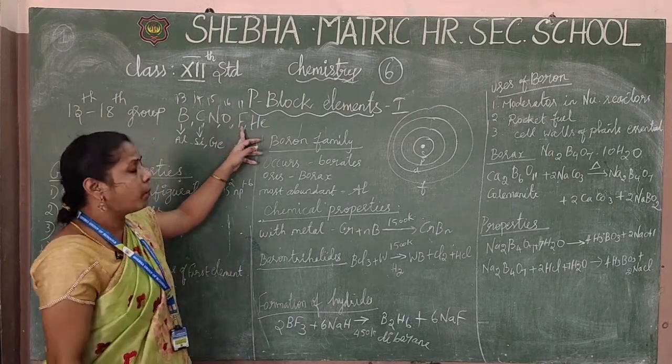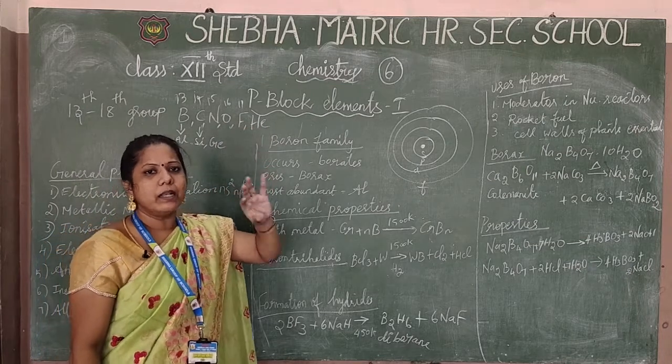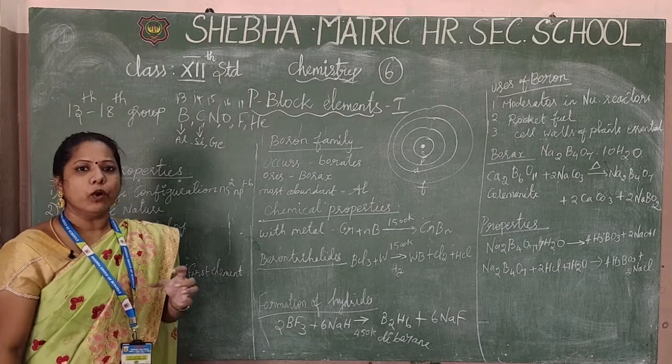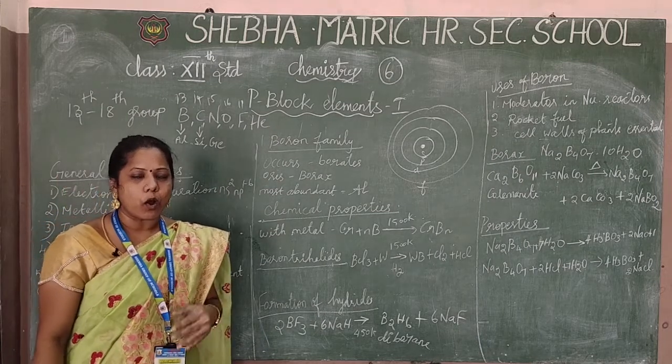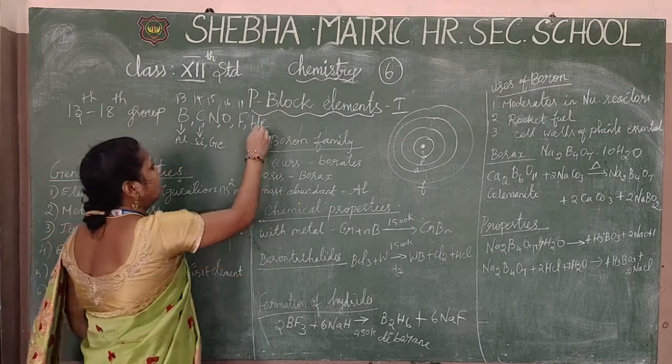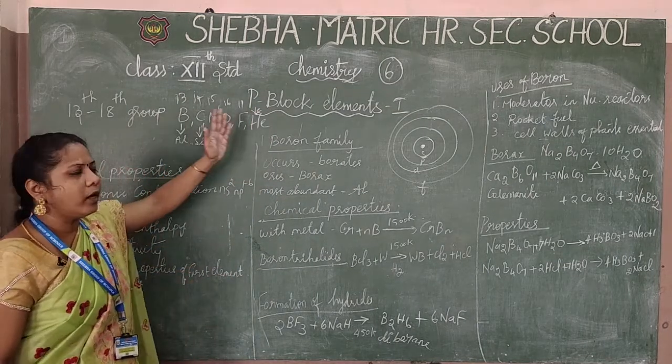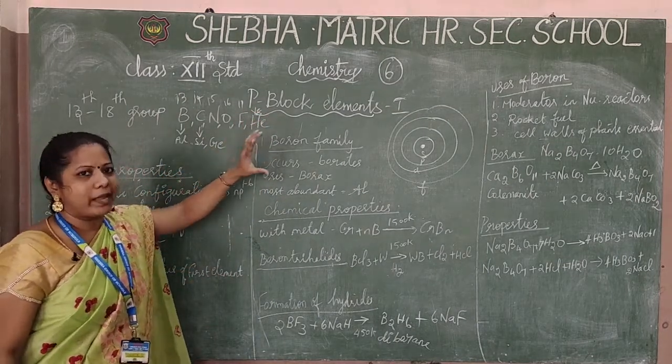Then the noble gases, which we can also call inert gases, are the 18th group. Got it? 13 to 18 are the P block elements.